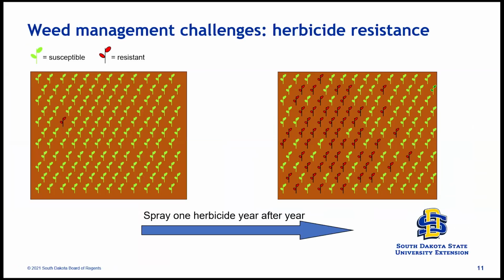Now, the last thing we think about with these herbicide mixtures is herbicide resistance, which we talk about a lot. It's just one weed that's able to survive a lethal herbicide dose. And when we spray one herbicide over and over again, that one resistant weed is going to produce seeds. And as we keep spraying that herbicide, we're going to remove the susceptible weeds, and all we're going to have are weeds left that are resistant.